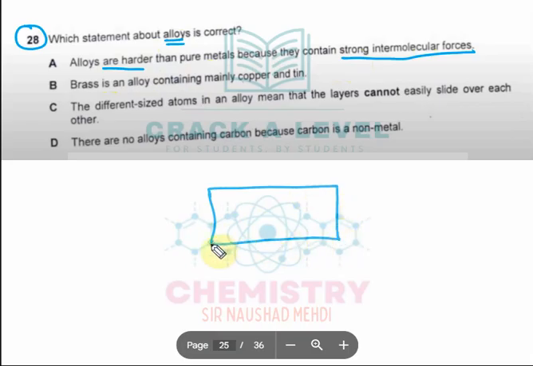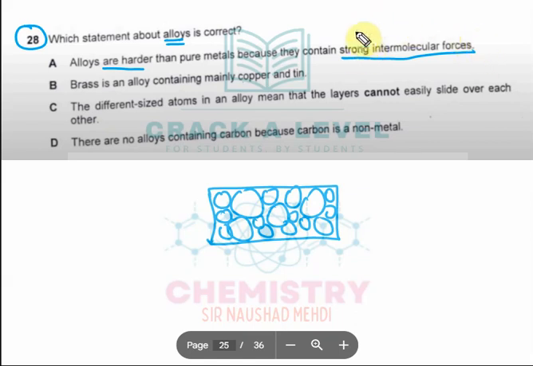In an alloy there are different sizes of atoms, so the atoms are interlocked and cannot slide, which makes the alloy harder and stronger. This is not because of strong intermolecular forces, so the reason is incorrect and option A is not correct.